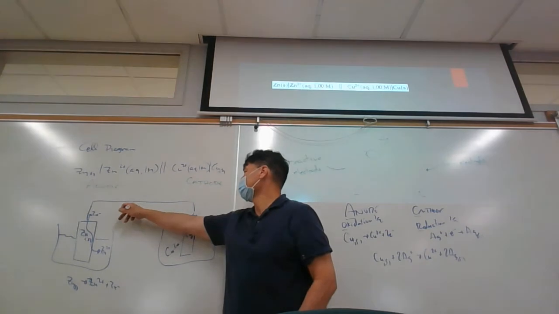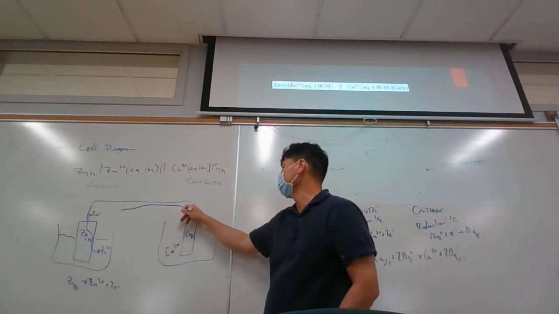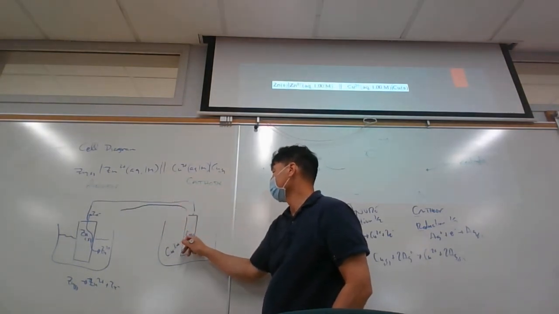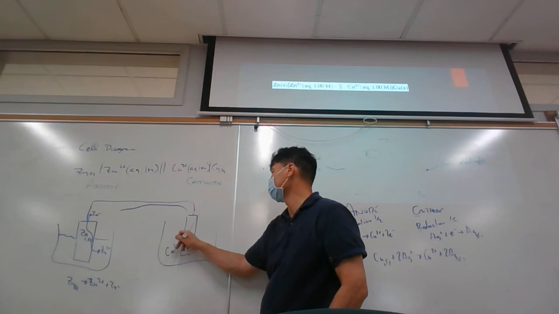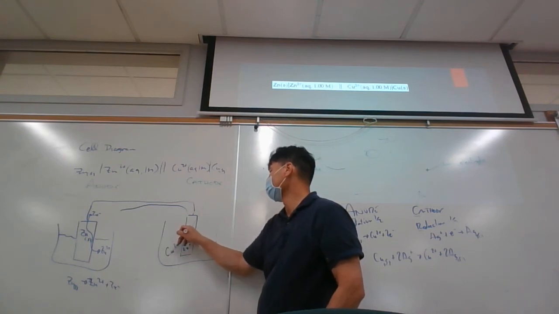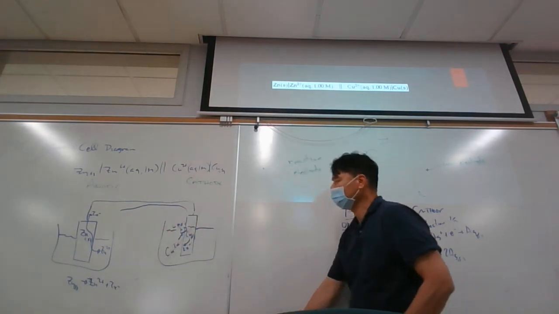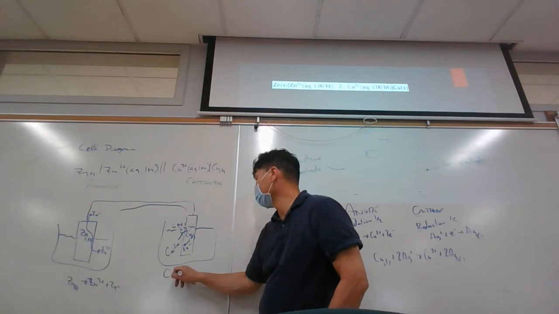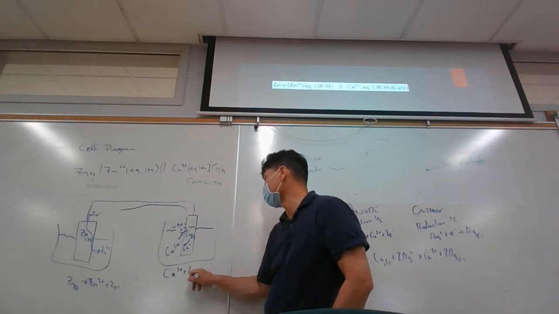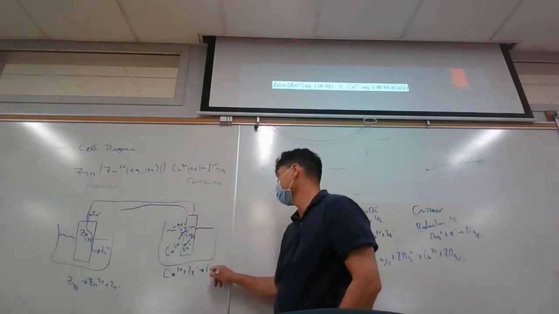However, these 2 electrons are going to travel from the anode to the cathode, and the inert electrode here is going to feed the electrons to the copper, which is going to deposit copper metal on the surface of the electrode here. And so the reaction over here is going to be Cu2+ plus 2 electrons yields copper solid.